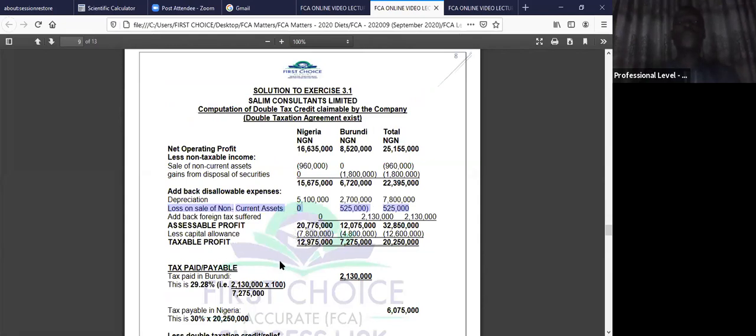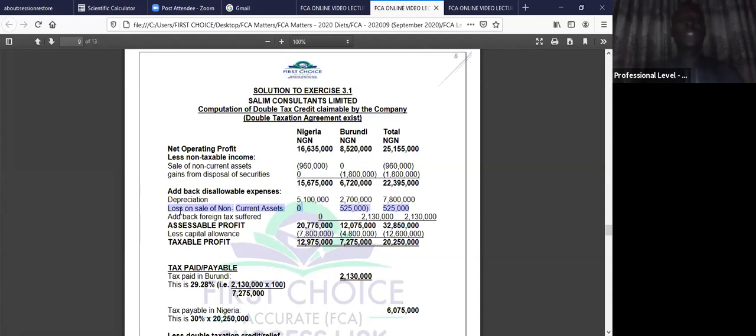Because we want to get the full picture of what our assessable profit was before the tax was suffered. So they have already charged tax. We want to know the picture of what our assessable profit was before tax was charged.